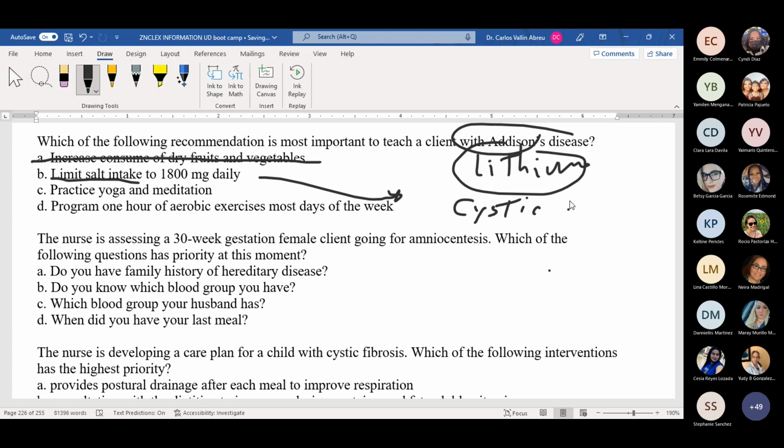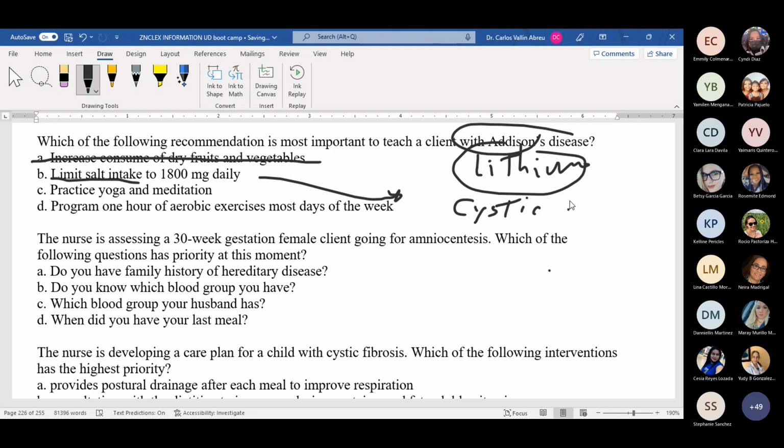We have children with lung problems, recurrent respiratory infections, very sticky, tenacious sputum that is difficult to remove, and this pancreatic insufficiency that requires the replacement of pancreatic enzymes through pancrelipase, which is the artificial pancreatic enzyme.